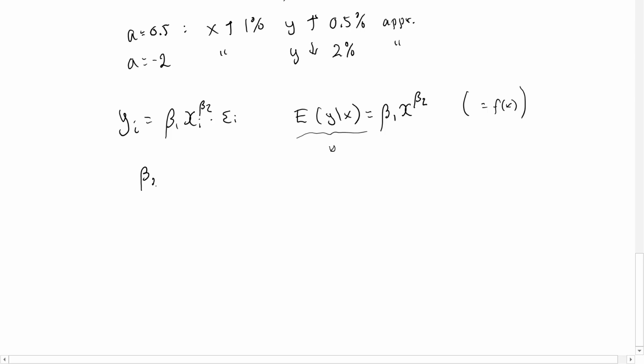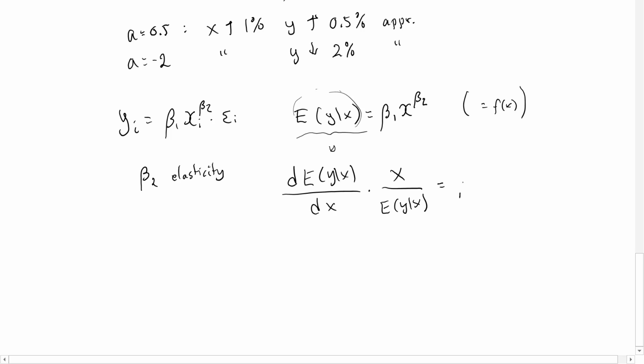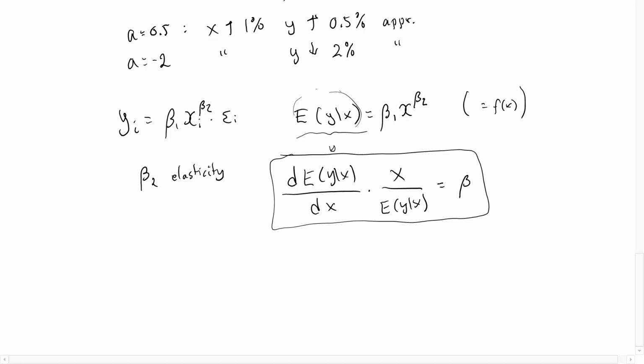So beta 2 will be the elasticity, and it's given by the derivative of this y variable with respect to x times x over this y variable. So this is exactly what beta 2 is with no approximations, and we know that this expression on the right hand side is indeed the approximate increase in y in percentage when x increases by 1%.